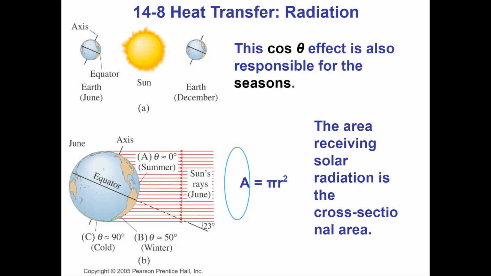So the total amount of solar radiation we see in this diagram is coming in essentially parallel, and that's because the sun is so much bigger than the Earth. But based on the tilt of the Earth's axis in its orbit, we can have more radiation hitting the northern hemisphere or the southern hemisphere or equal amounts.